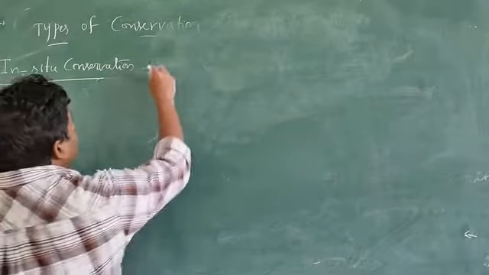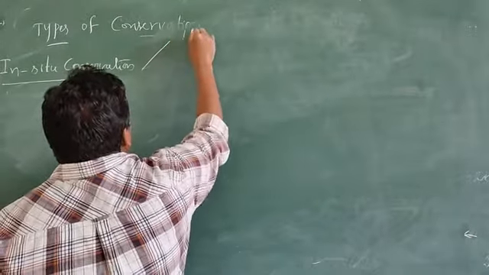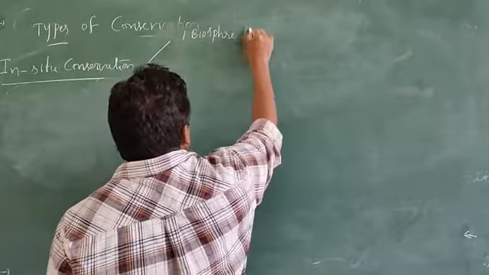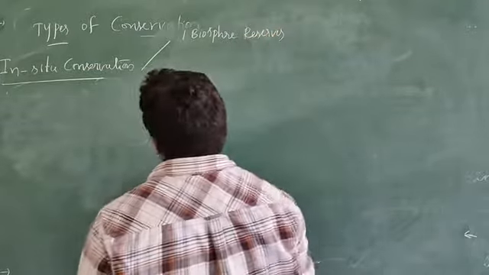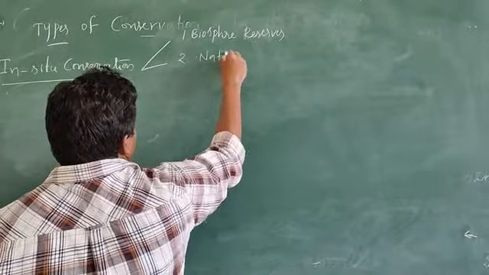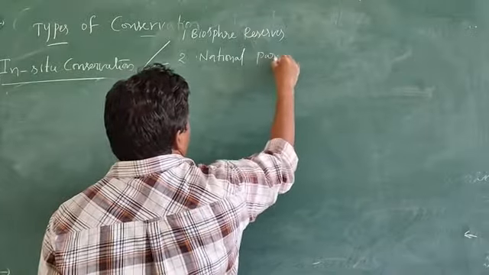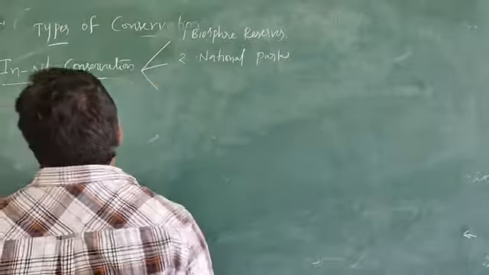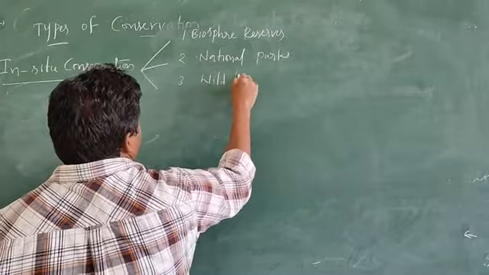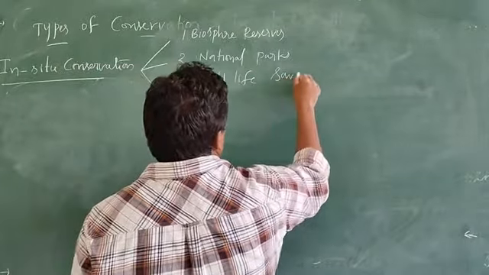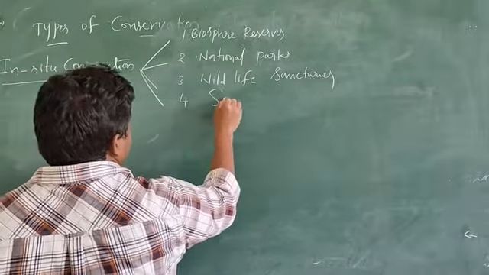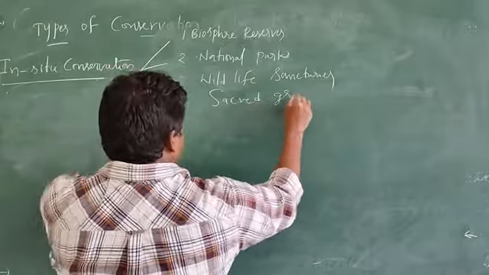First one, biosphere reserves; second one, national parks; third one, wildlife sanctuaries; and fourth one, sacred groves.